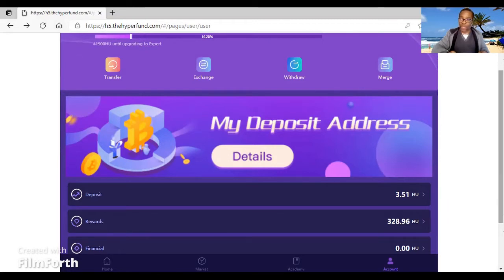All right, one thing you will take notice of is HyperFund Global does reward members with HU, hyper unit, and once you get up to 50 HU, you can rebuy, which means you will 3x your reward again, or you can withdraw your reward, then take it to exchange.